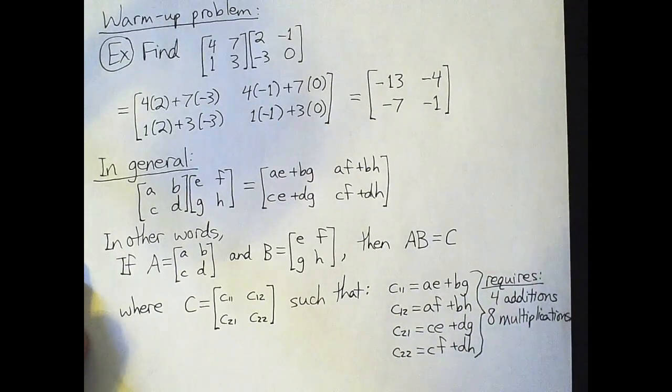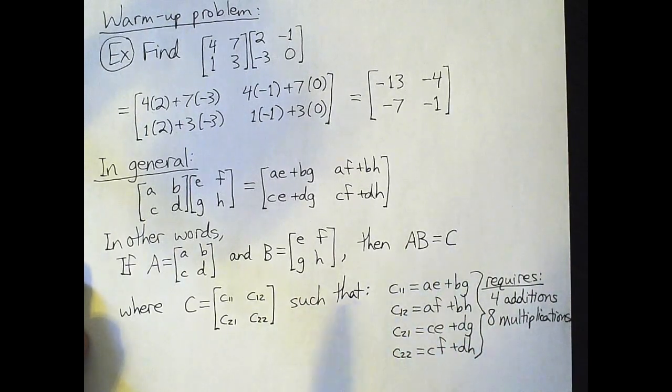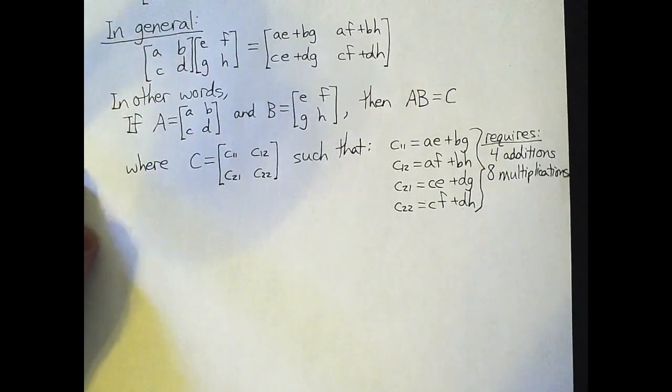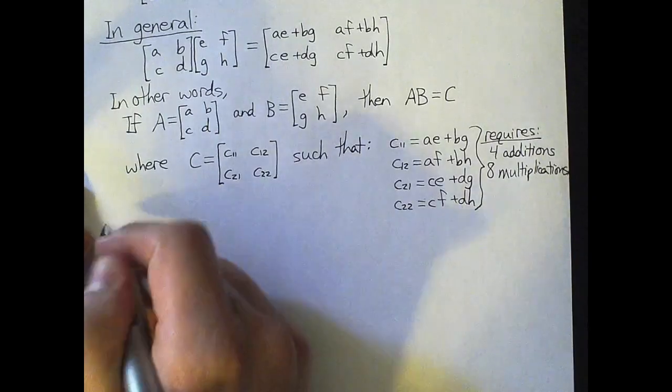It's just a bunch of arithmetic. So the 4 additions that we're doing are the 4 plus signs that we wrote. Plus, plus, plus, plus. And the 8 multiplications are AE, BG, AF, BH, and these other ones. So we just summarized how to multiply 2 by 2 matrices.